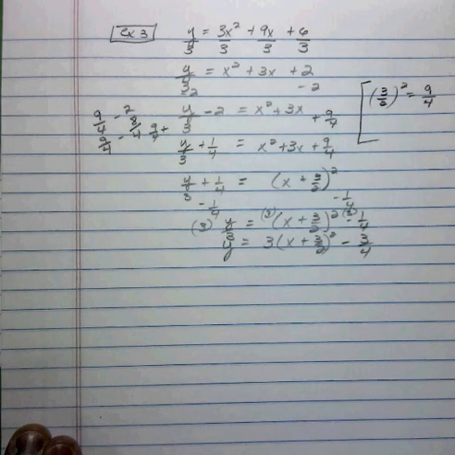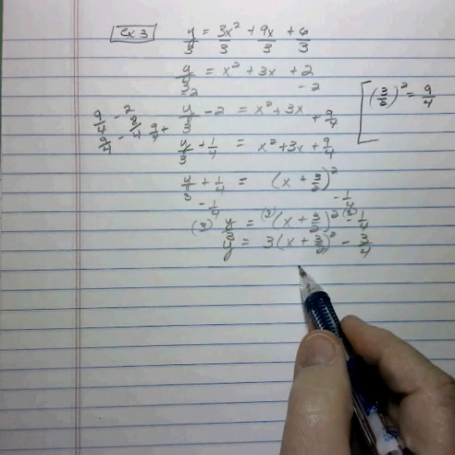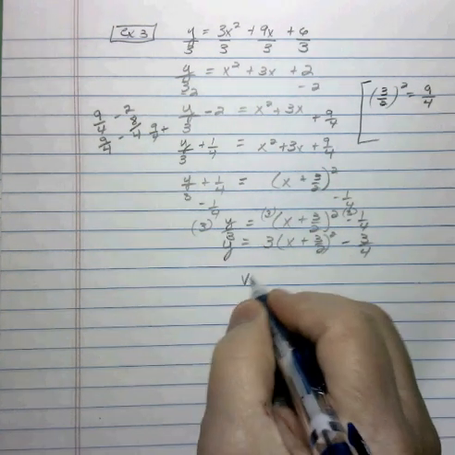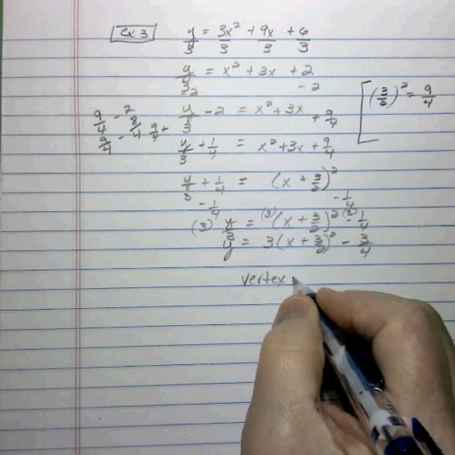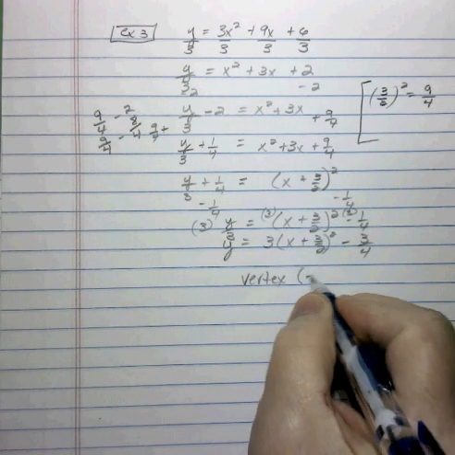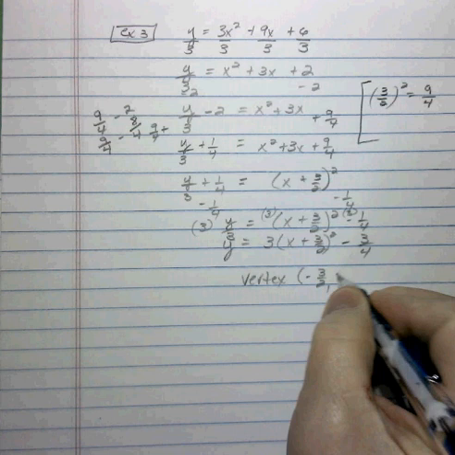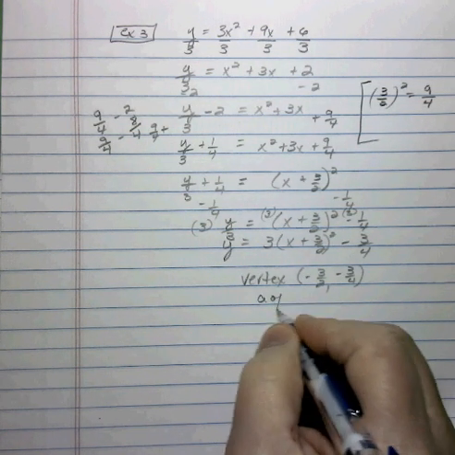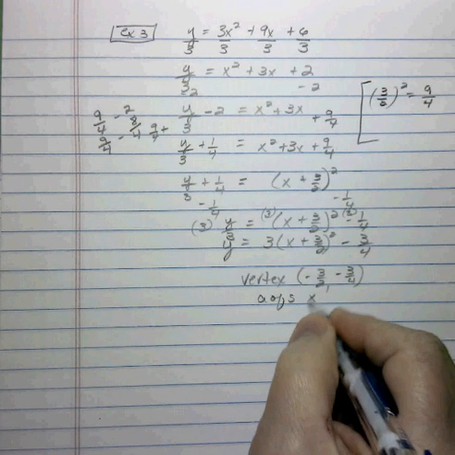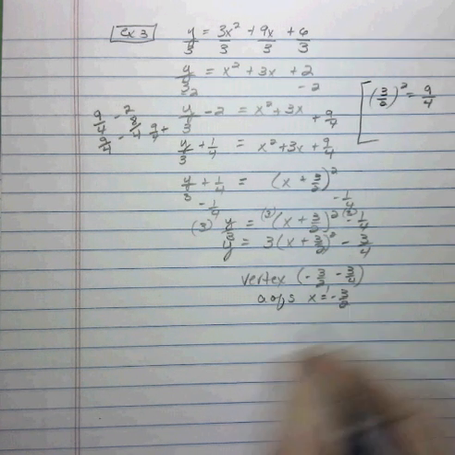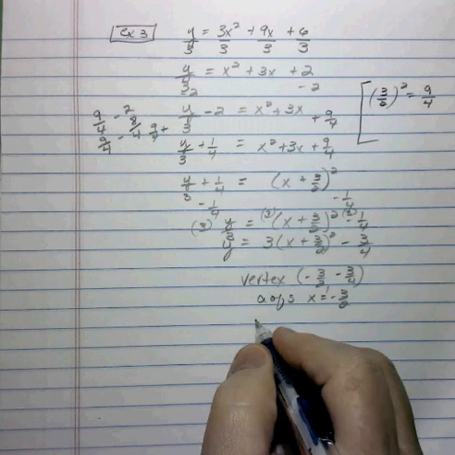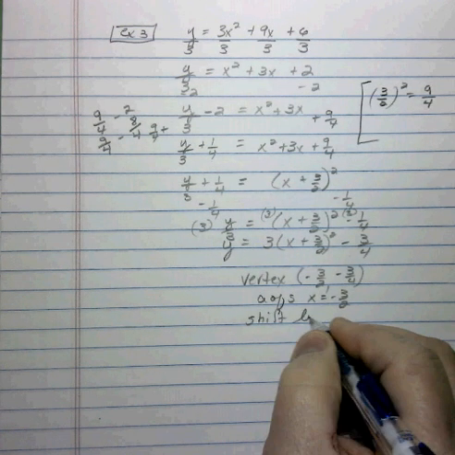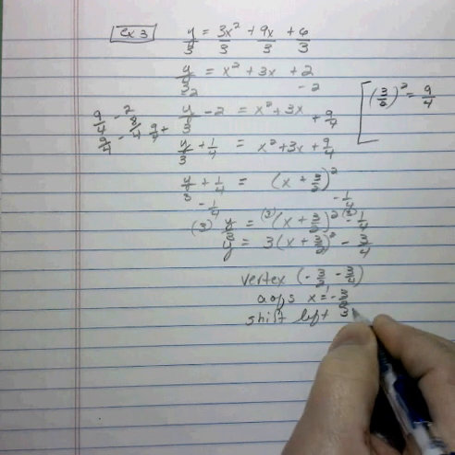And so this time when we talk about this particular graph, this graph will have its vertex at negative 3/2, negative 3/4. The axis of symmetry is at x equals negative 3/2. The shift of this graph will shift to the left 3/2.